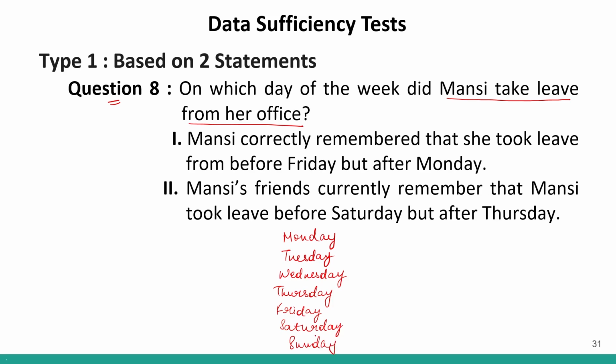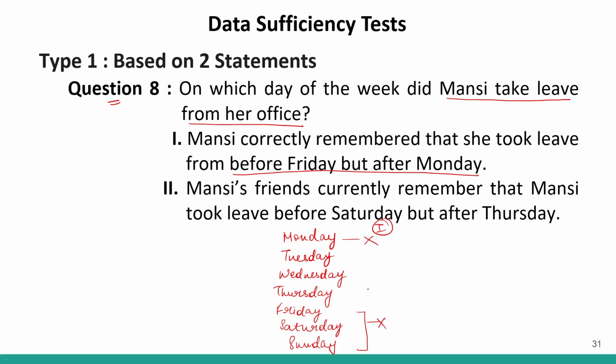Now, we have to find out on which day did Mansi take leave. If I look at option number 1, it says that Mansi correctly remembers that she took leave before Friday but after Monday. So she did not take a leave on Monday, correct? And she did not take a leave after Friday.